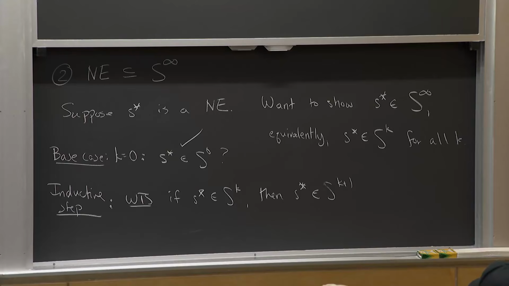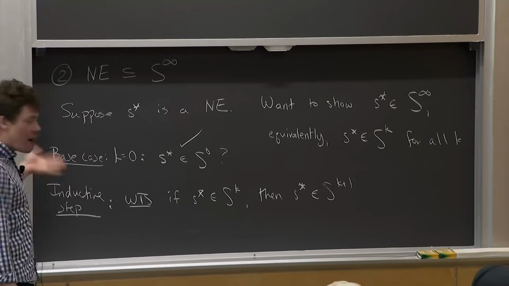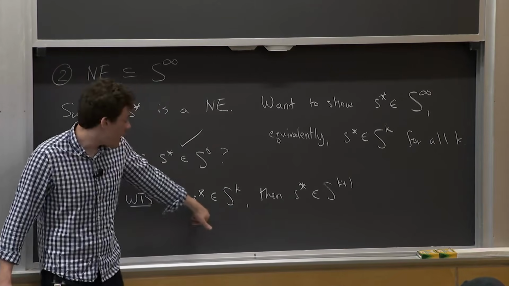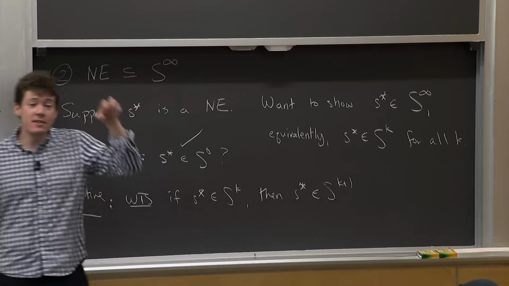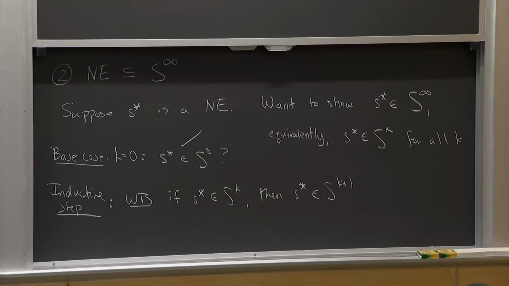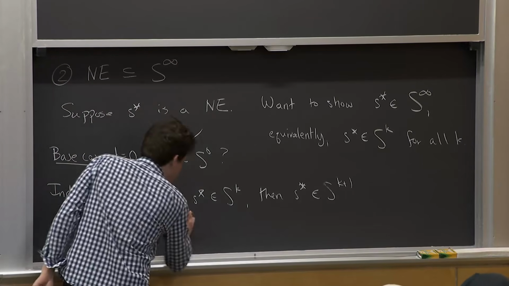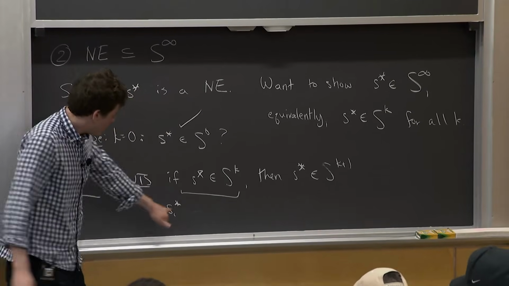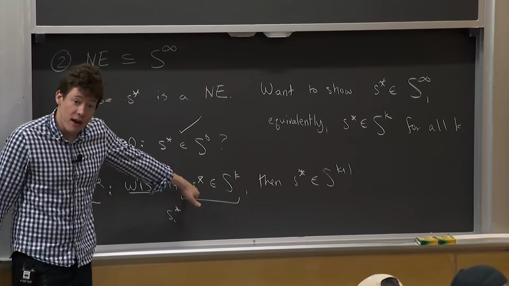I think if we just look at it like this, it can be a little tricky, because remember, the way we defined this procedure was we had to reason kind of player by player. So let's write that more explicitly. What does it mean for this strategy profile to be in Sk? It means the ith component of that profile, player i's strategy, is in Sik for each of the players i. And I think that's a bit more concrete. So that means that Si star, remember, S star is a profile of strategies.